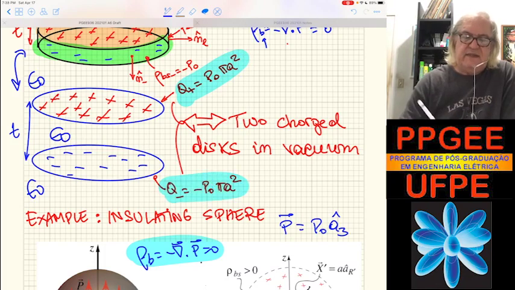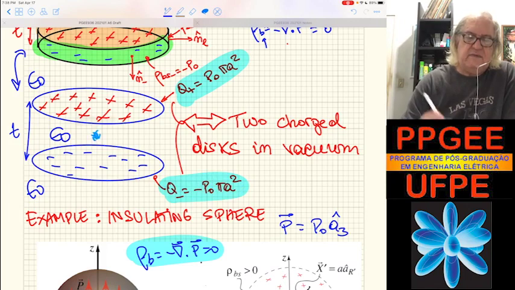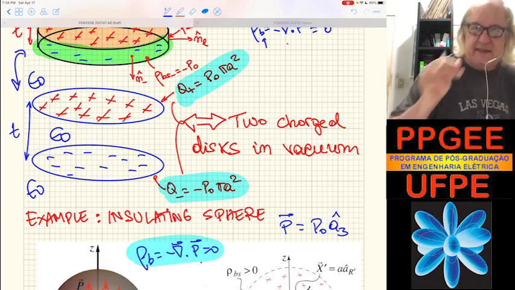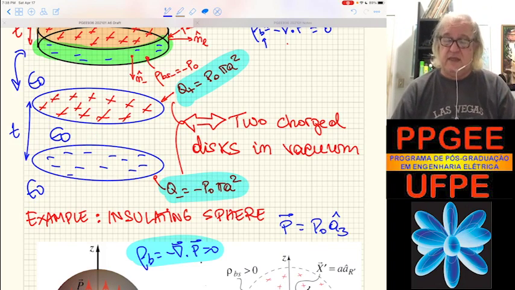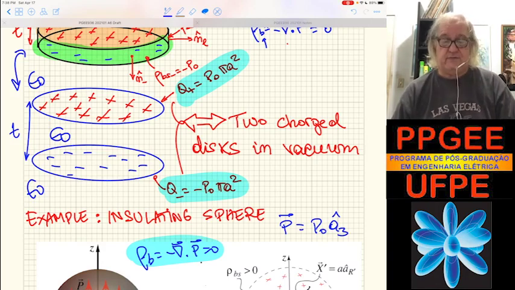So you can calculate, for instance, the field here in the middle, or anywhere in the space, right? Just replacing the plate by those two thin disks in vacuum, right?